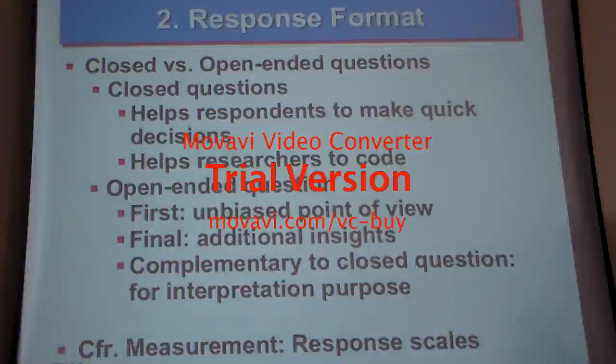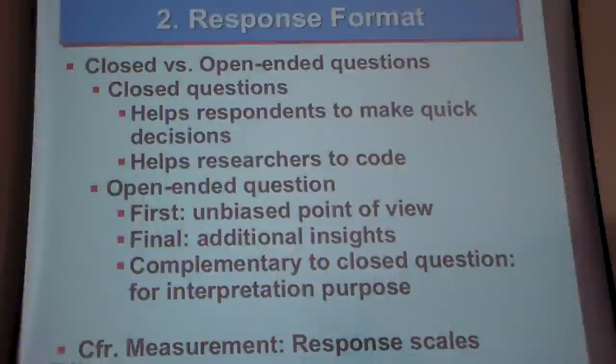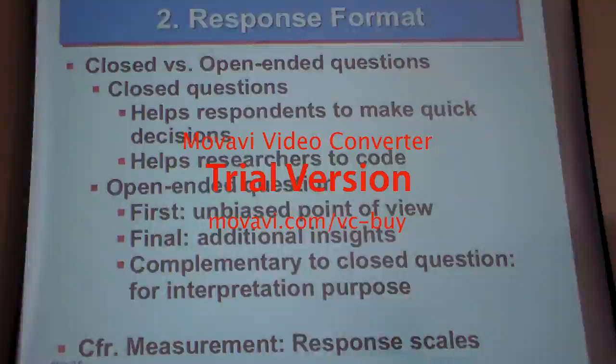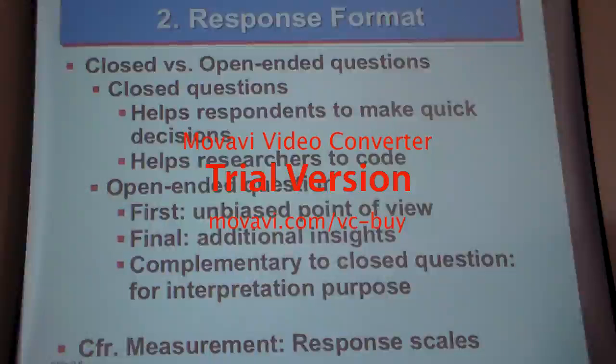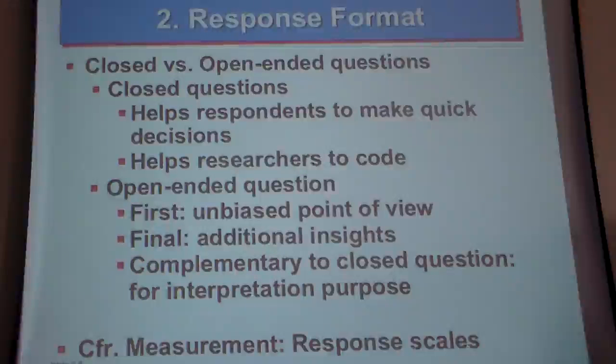When you write something, you shouldn't be biased. And this kind of question adds additional insights. Because sometimes, when you see the question and the answers, maybe you have something else rather than these answers. You have some ideas, some possible answers, some opinions about this question.